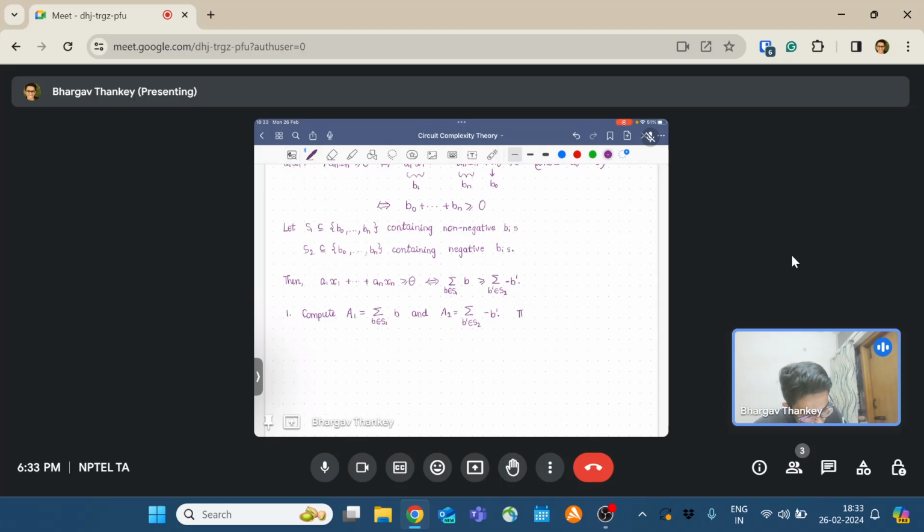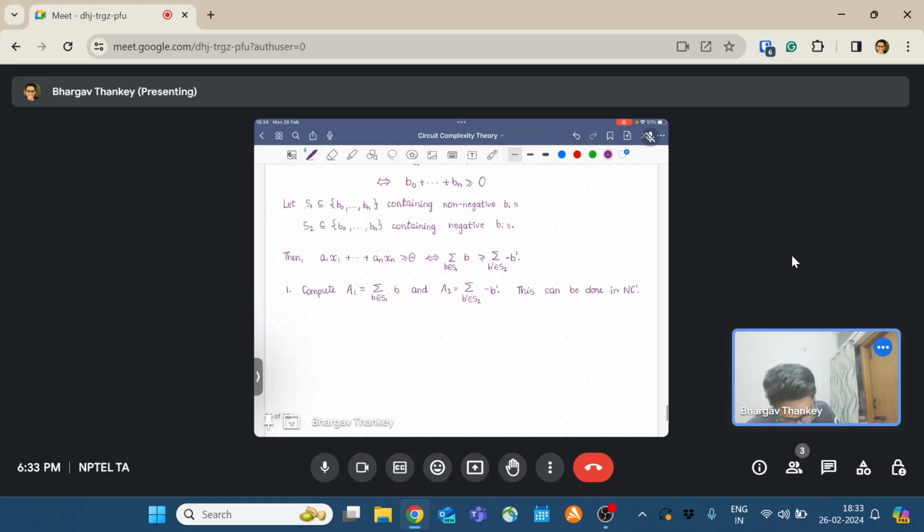This can be done in NC1, right? So now what we want to do is compare these two numbers, and we want to show that that can be done in NC1. So first of all, how many bits do A1 and A2 have at most?